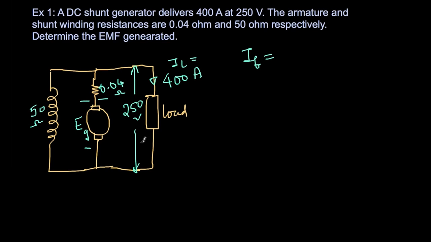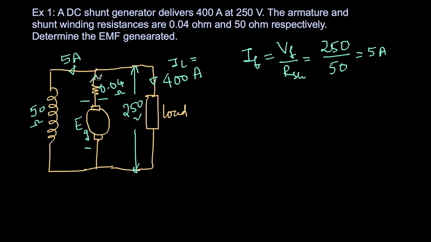This terminal voltage of 250 volts is exactly what appears across the field winding. Therefore, IF is voltage divided by resistance RSH. RSH is the symbol for shunt field resistance, and VF is the voltage of the field. So this is 250 volts divided by 50 ohms, which comes to 5 amperes. This 5 amperes current, let me mark it here, is flowing in the shunt field winding.